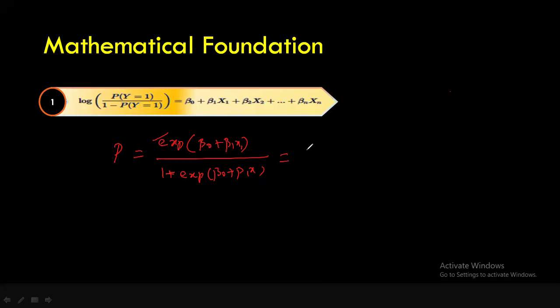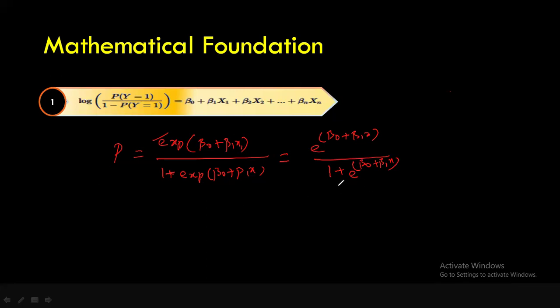Now I'll make it very simple. Instead of using exp, I just write e, so p equals e raised to the power beta naught plus beta 1x divided by 1 plus e raised to the power beta naught plus beta 1x. I just rewrite it like this. Then I take the denominator to the left side.